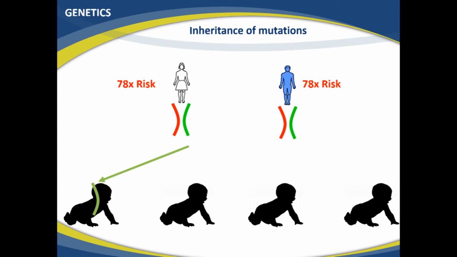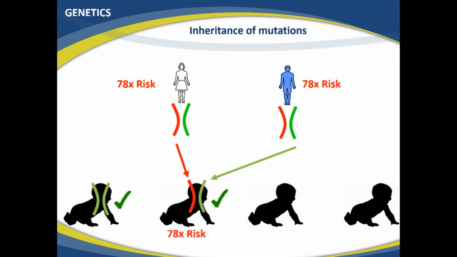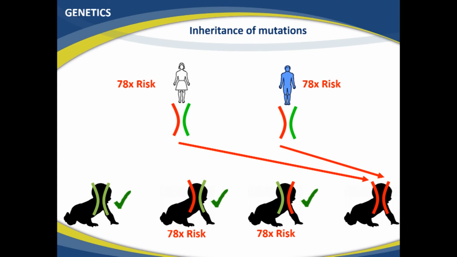Now, they by chance pass on one of the chromosomes, and this child is going to be healthy. Even though both parents have a high risk, this child has no risk. And if one of them is passed on, 78-fold risk, as you would expect. However, if you get two of the genetic variations, the same risk again.